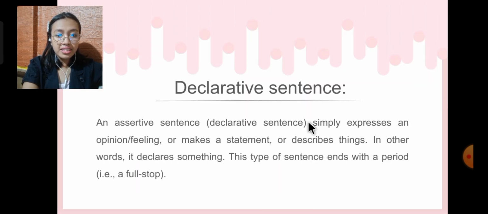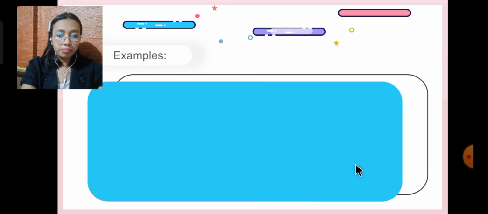Declarative sentence. An assertive or declarative sentence simply expresses an opinion or feeling, makes a statement, or describes things. In other words, it declares something. This type of sentence ends with a period, a full stop.